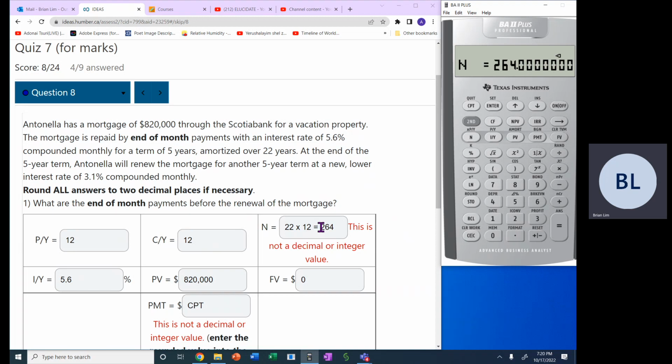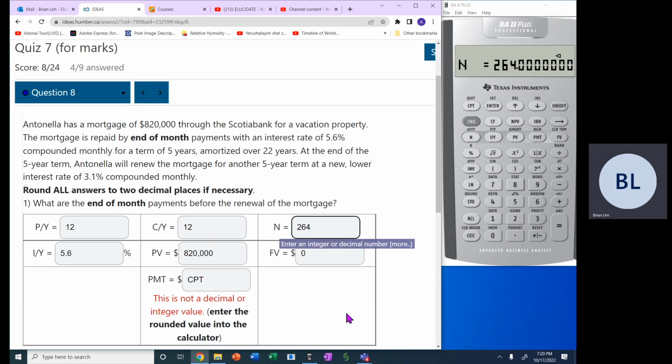So we will delete whatever we had in front of the 264 and get rid of the red lettering. Now the interest rate is 5.6, so let's insert that, 5.6, and that is I/Y. Present value is 820,000, and that is the present value.